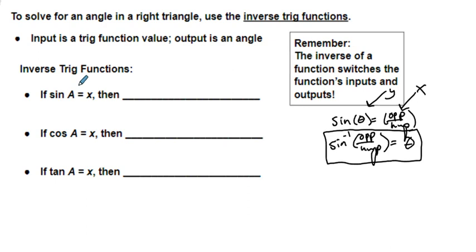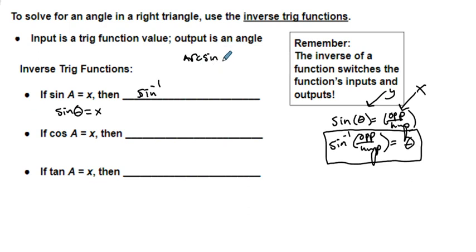And so let's just finish filling this out. They're saying if the sine of A equals x, right? You can also think of this as sine of theta. If sine of theta equals x, then when we do the inverse, you go sine, and then you use your negative one exponent. You'll also occasionally hear this called arcsine.